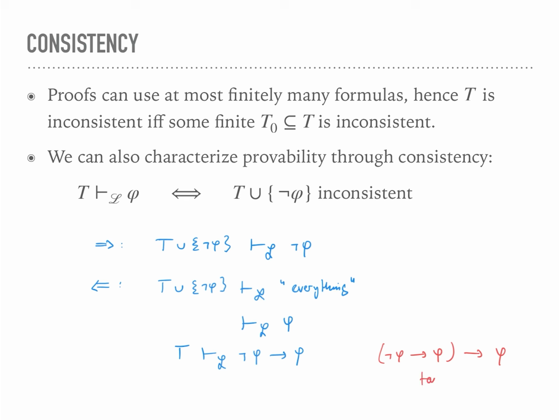So this is a tautology, and I leave it to you to put the exact details together. But again, the crucial property is that we can go from T union not phi proves phi to T proves not phi implies phi. And this, as I already said, is a consequence of the so-called deduction theorem.